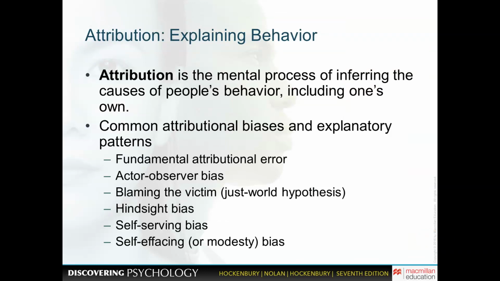When it comes to explaining behavior, one of the terms we talked about a little earlier on that circle of examples was attribution. That's how we tend to explain others' behavior as well as our own. Attribution refers to the cognitive processes of inferring the causes of other people's behavior, including our own behavior.